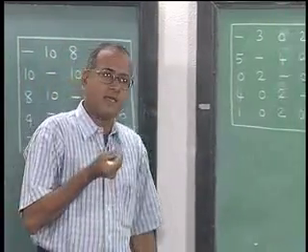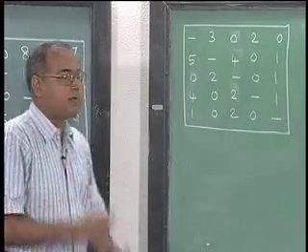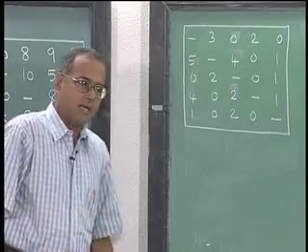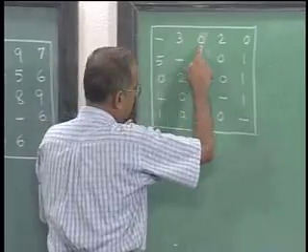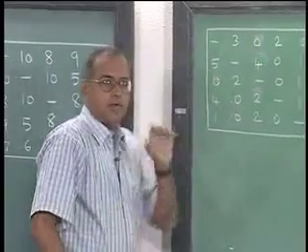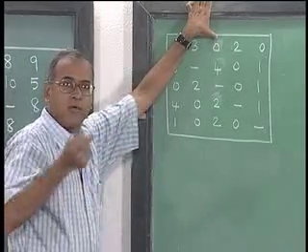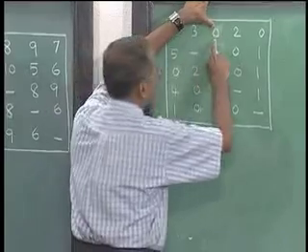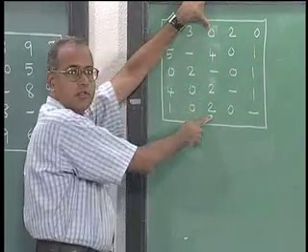Now, we start asking another question: what happens if we are not able to make an assignment in a particular 0, though assigning at zeros is desirable? So, if I take this particular 0, if I am not able to make an assignment in this 0, what happens? I would like to make an assignment in the next highest element, which also happens to be 0 for the row, but it happens to be 2 for the column.